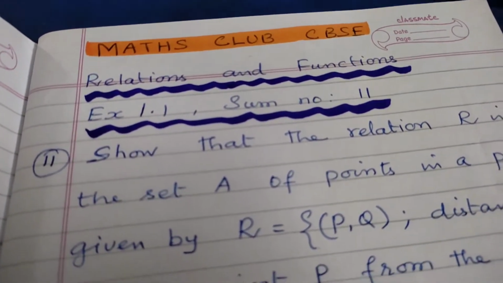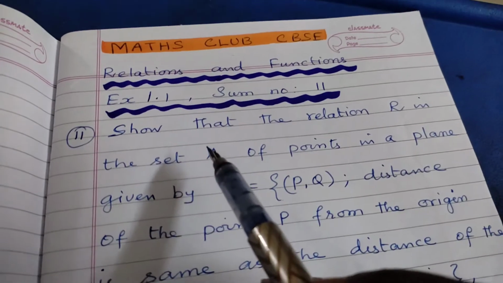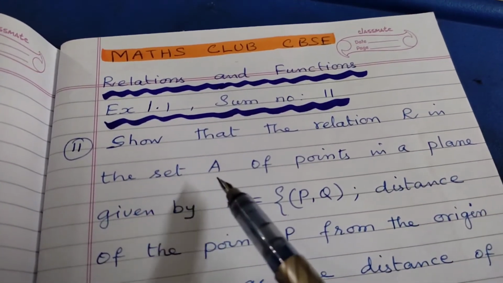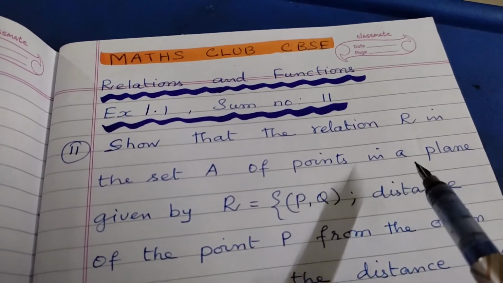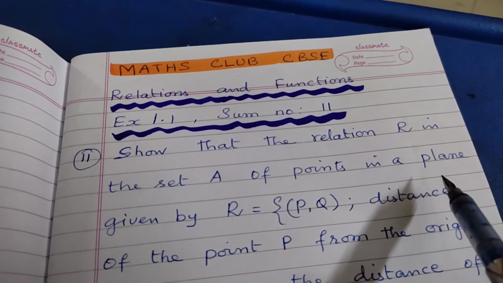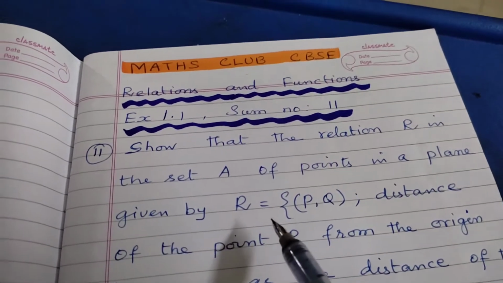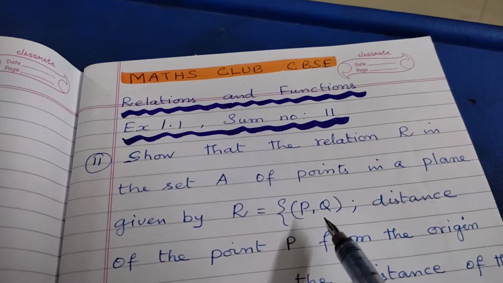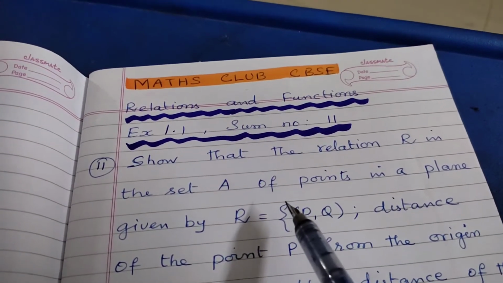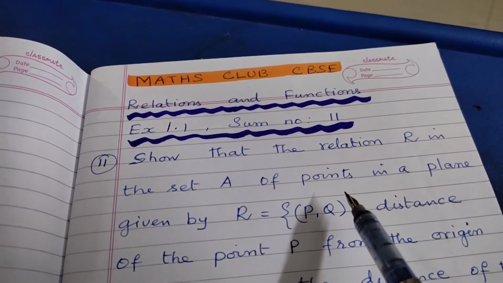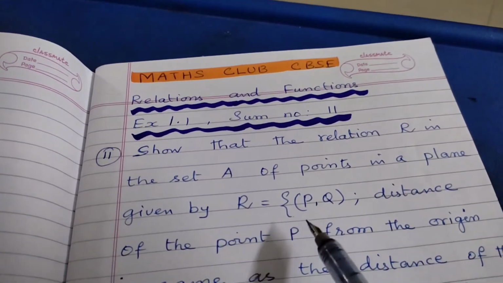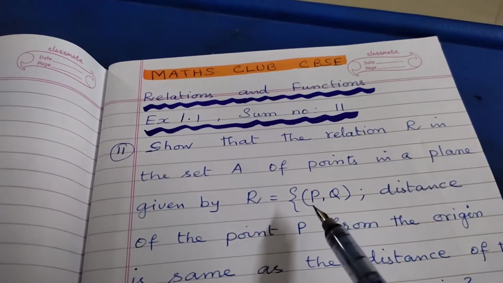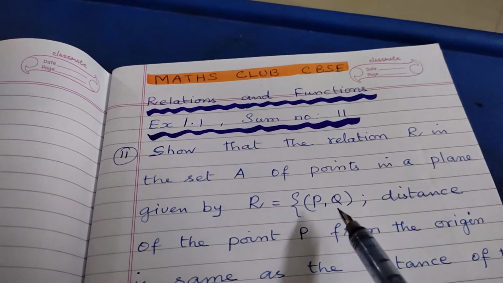The 11th sum is: show that the relation R in the set A of points in a plane given by R is equal to the set of all P, Q. Given relation A is the set of points in a plane. R is the relation given by R is equal to the set of all points in the pair P, Q.